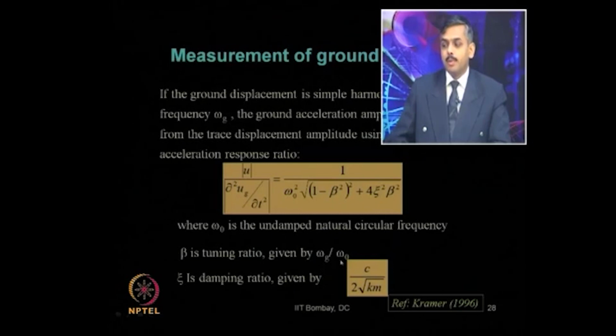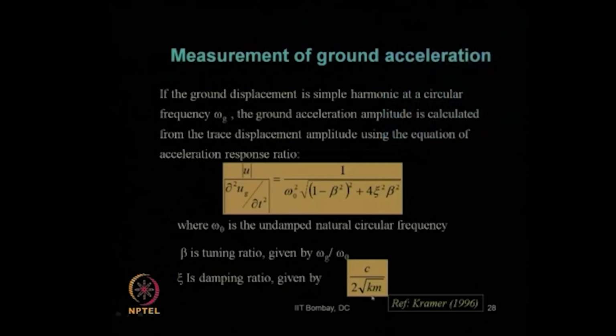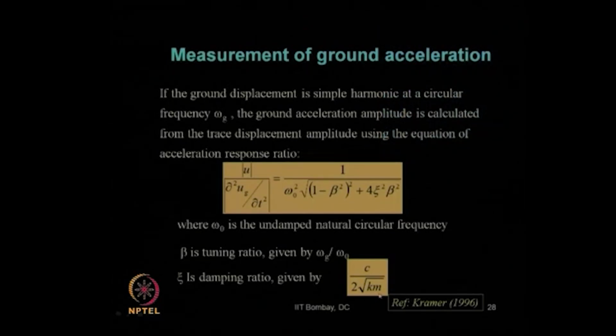So, omega g by omega naught. It is nothing but actually the frequency ratio, right. So, it is called the tuning ratio here, and this eta or epsilon, whatever you say, is nothing but the damping ratio, which can be easily calculated by this expression, that is c, the damping coefficient, divided by 2 times root over k m. k is the stiffness constant and m is the mass of the system.